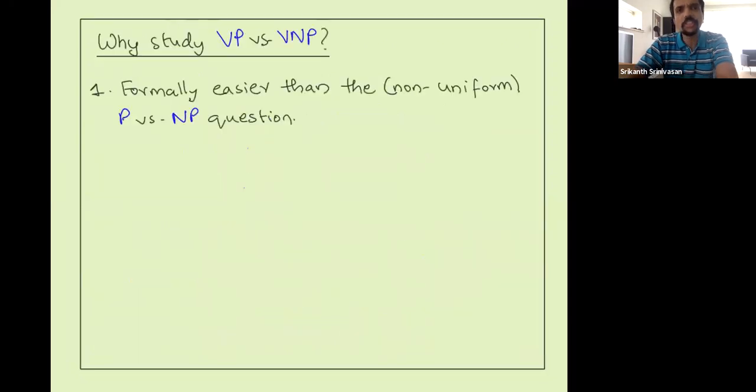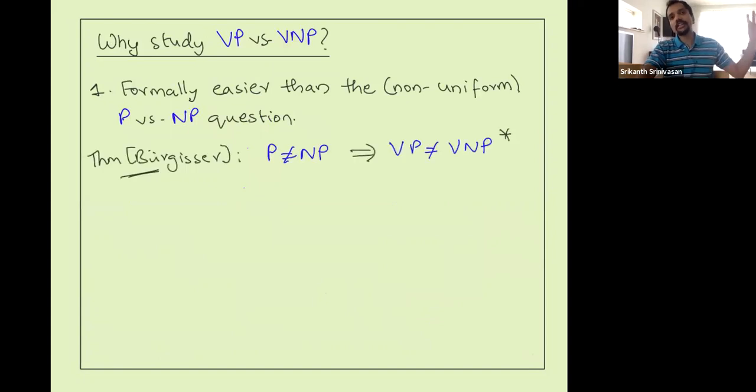Let me conclude with a final remark. From a computational point of view, the reason the VP versus VNP question is so interesting is that it seems like a more tractable version of another question in complexity theory, the P versus NP question. It is similar in spirit to VP versus VNP, but we are talking not just about polynomial problems but more general computational problems.